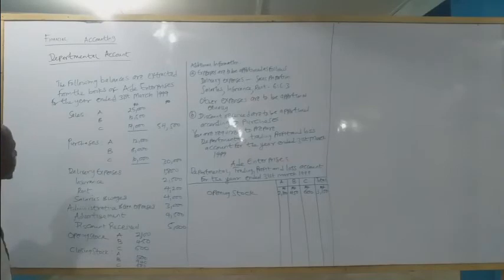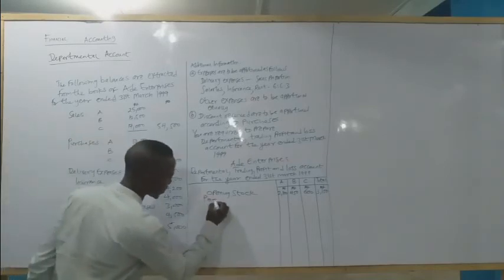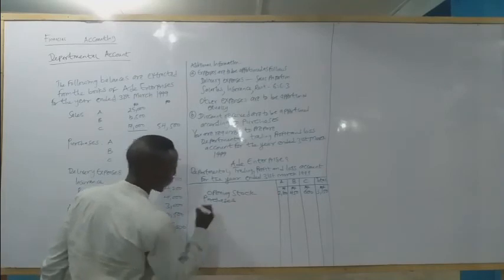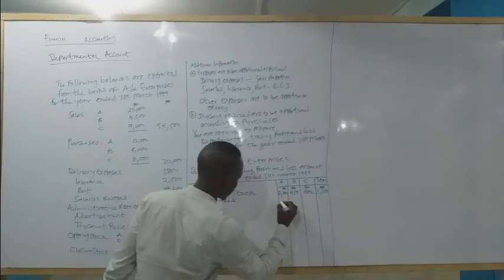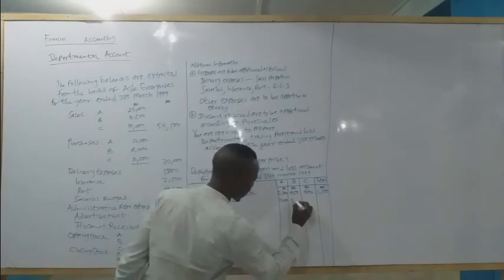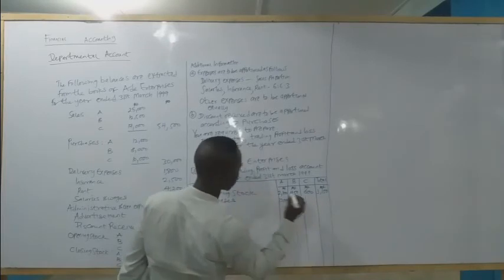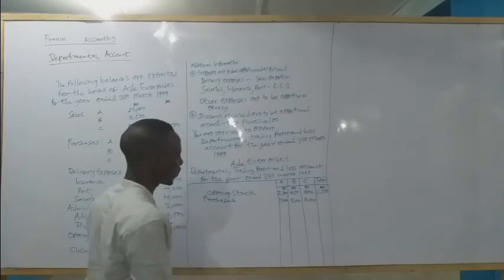We add purchases. Our purchases: 12,000, 8,000, and 10,000. So what is the total?